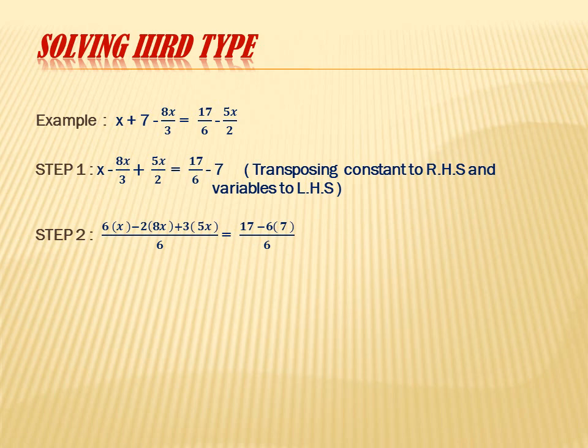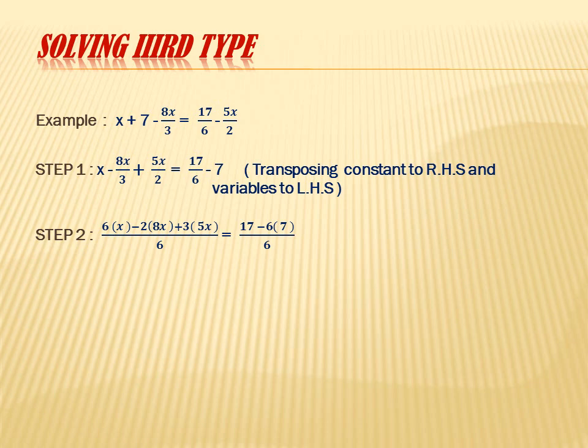In the next step, what we have to do? We have to take LCM of 1, 3 and 2, and that will give you 6. And then we have to divide this 6 by the first denominator, and that is 1. So 6 divided by 1 will give you 6, and 6 will be multiplied with numerator, 6 into x.